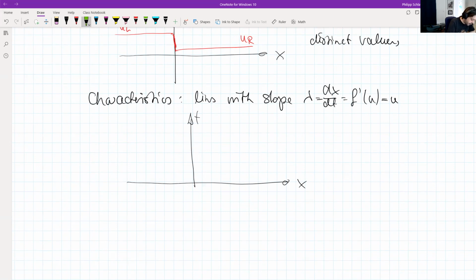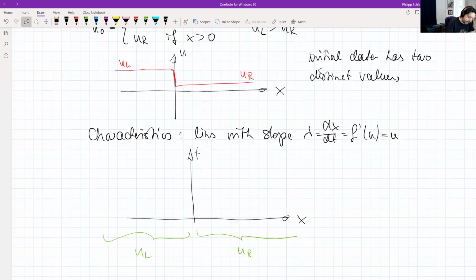On this side the initial condition was u_R, and on that side the initial condition was u_L. Since u_R is lower than u_L, the characteristic lines are maybe something like this.